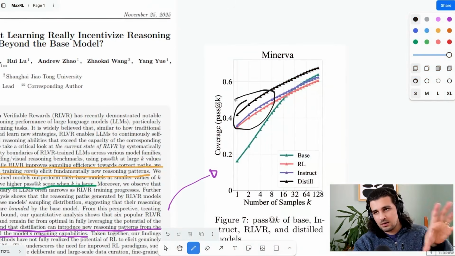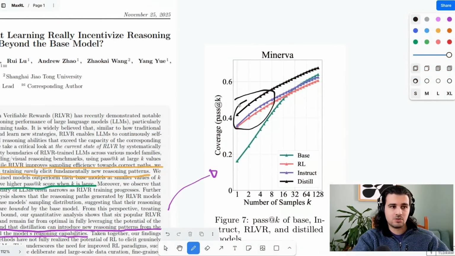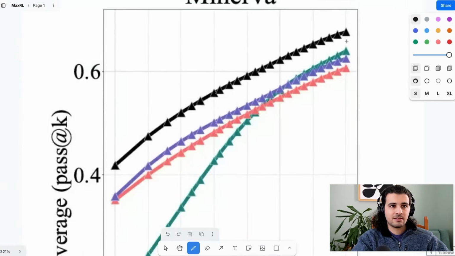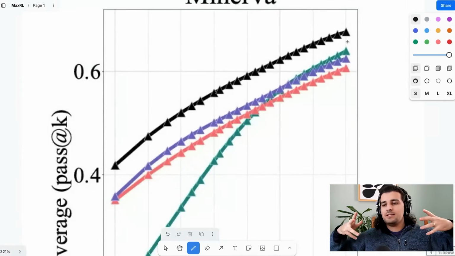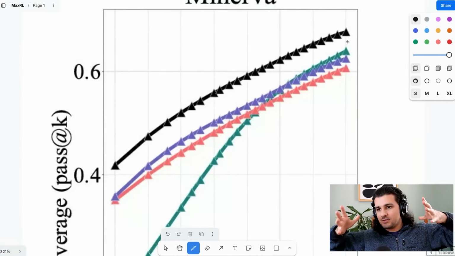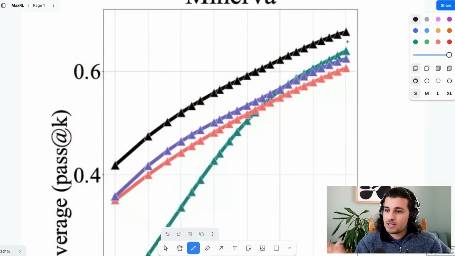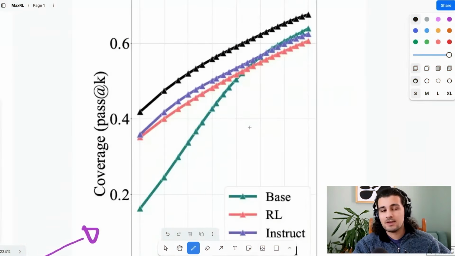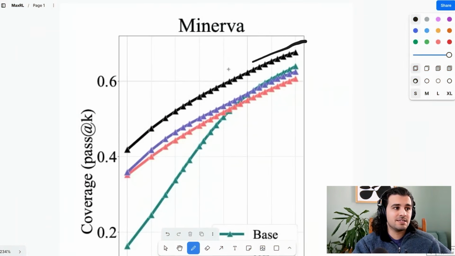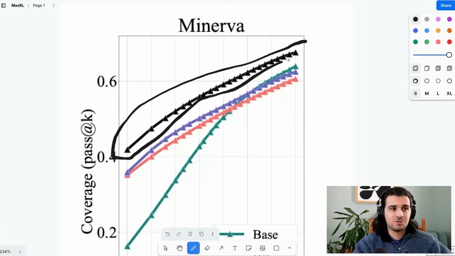Pass at low K, all of these models are better, which is to be expected. But after that, at large K, the base model is better. So it kind of means that the model already had the answer, right? But the other algorithms are kind of sharpening the output so that they appear at earlier K, right? That's kind of what's going on. But the distilled model is much better than everything.